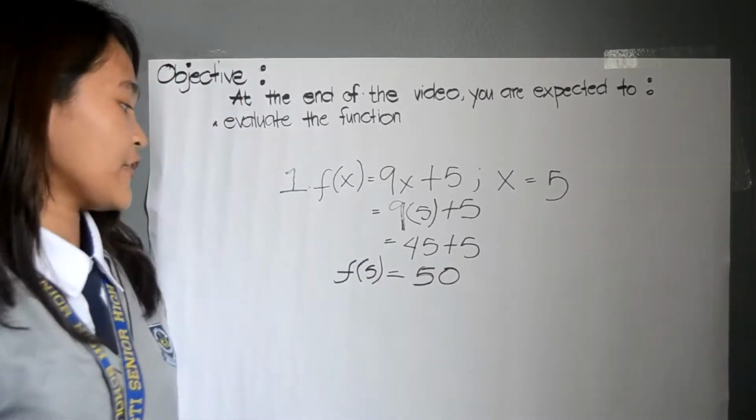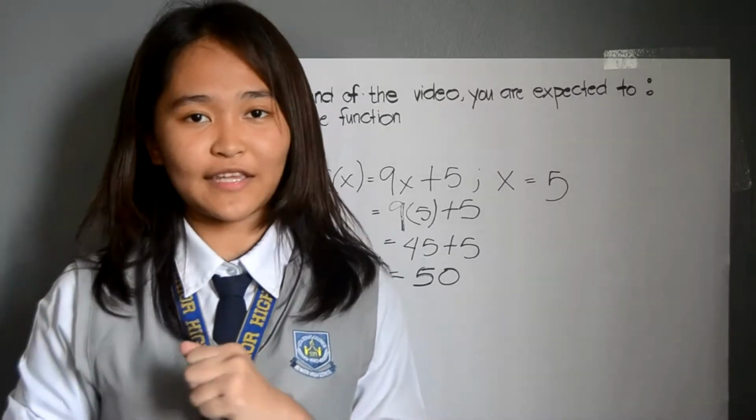Wherein f of 5 is equal to 50. You already know what is evaluation of function. So we have another example.